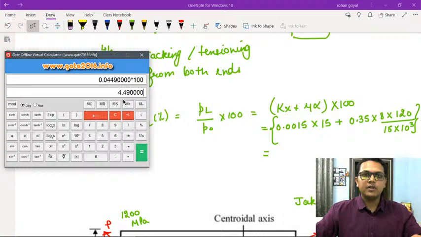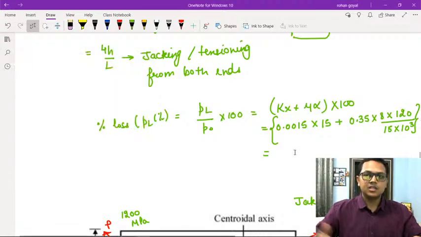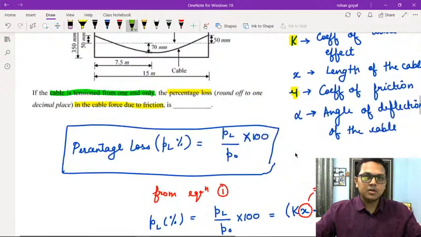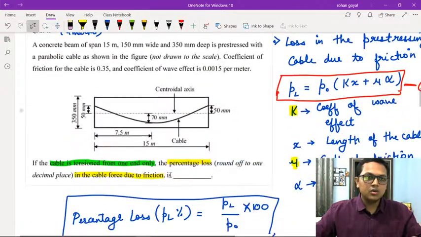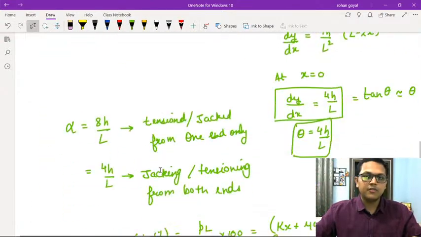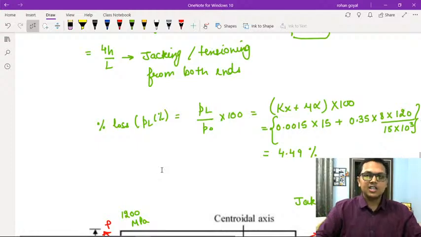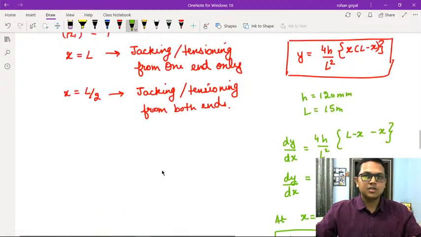So it is 4.49 percent. The percentage loss is how much? 4.49%. Now in the question it is asked to round off to one decimal place. So 4.49 rounded off to one decimal is equal to 4.5%. The answer to this question will be how much?